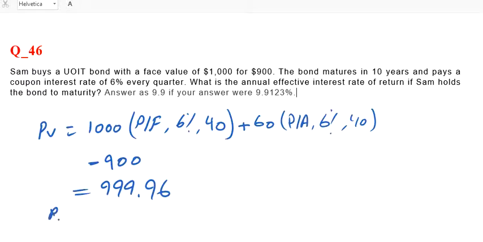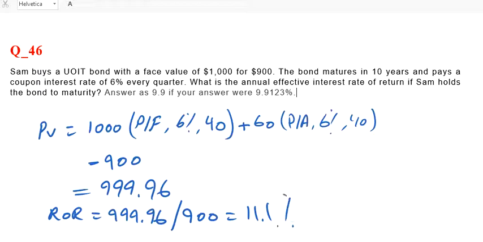So the ROR equal to 996 over 900, equal to 11.1%.